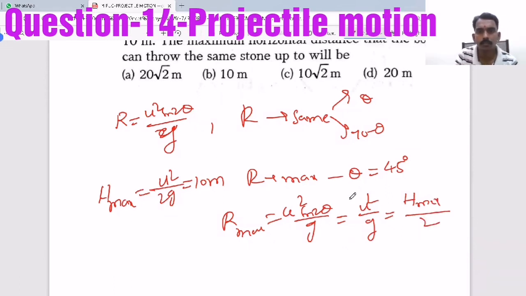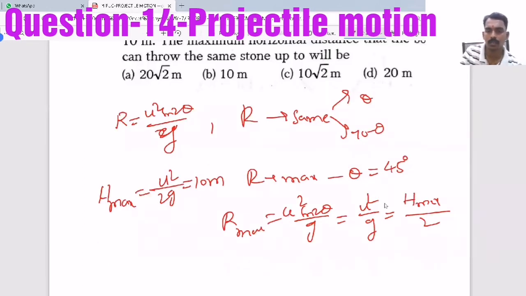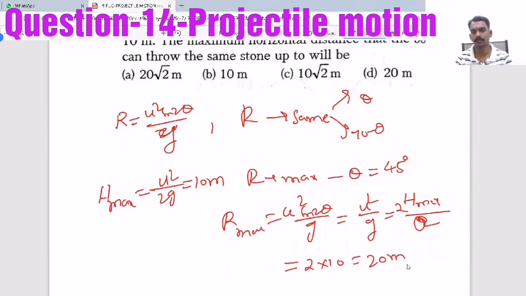Now h maximum is 10, so what will it become? No, 2 times h maximum. I said it wrongly, sorry. When you multiply h maximum with 2, you will get this. So 2 into 10, how much will it become? 20 meter.